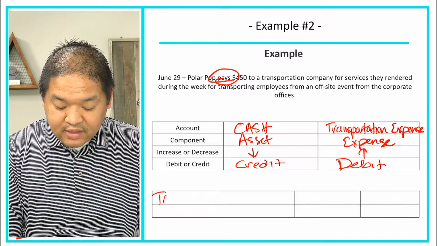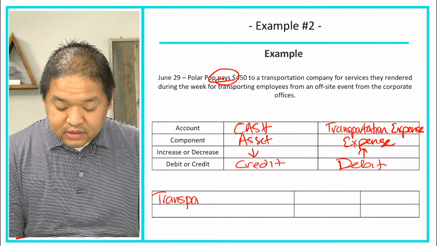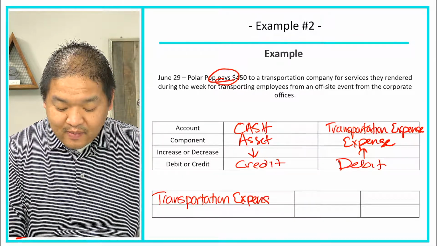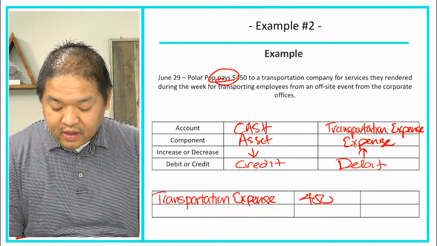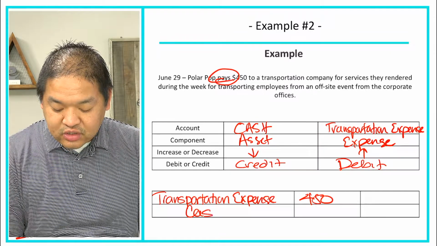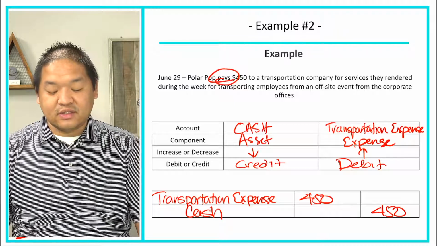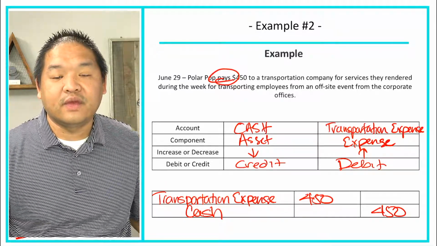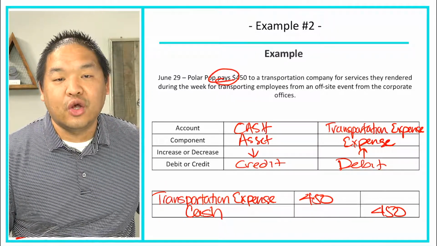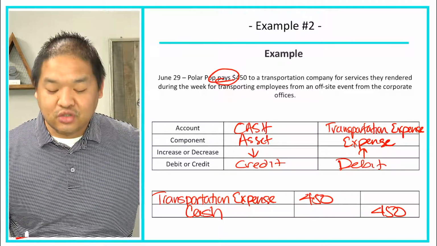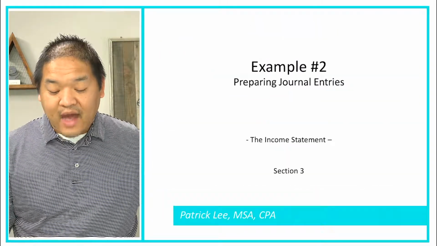Debit transportation expense for $450, and then credit cash for $450. Okay, hopefully that wasn't too slow. So that's our journal entry there. So that is our example.